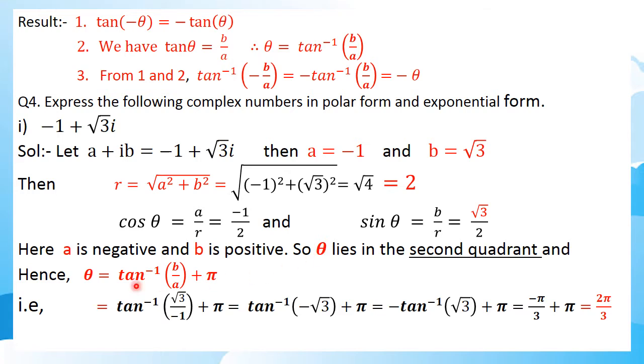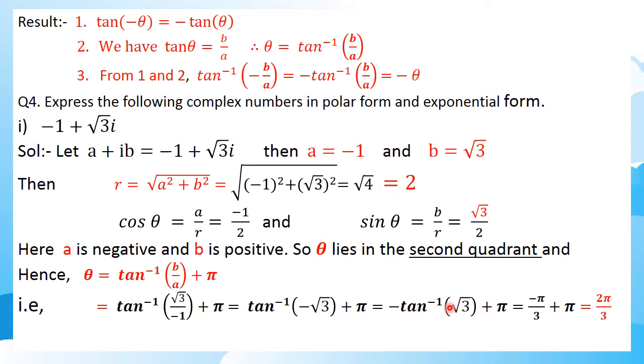Hence, theta is equal to, we have the table value of the argument if the angle lies in a particular quadrant. If theta lies in the second quadrant, theta is equal to tan inverse b upon a plus pi. Here, tan inverse b is root 3 upon a is minus 1. So, tan inverse root 3 upon minus 1 plus pi, which is equal to tan inverse minus root 3 plus pi, or minus of tan inverse root 3 plus pi.